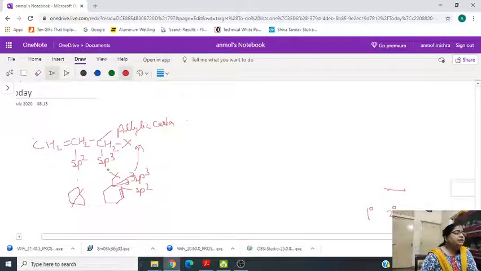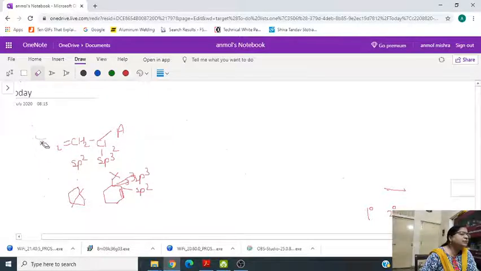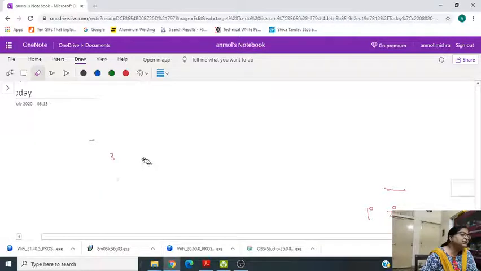Third, under it, is benzylic halide. In benzylic halide, adjacent to the sp3 hybridized carbon, a benzene ring is present.